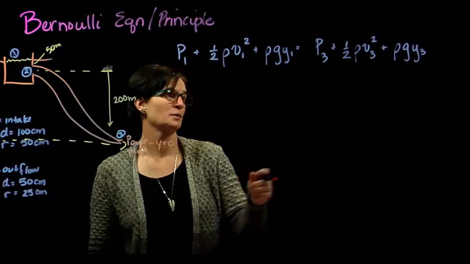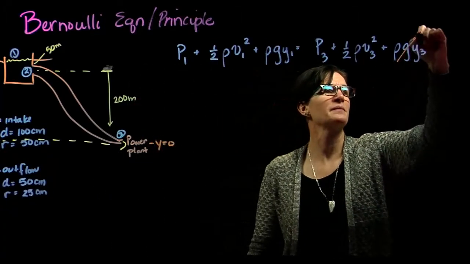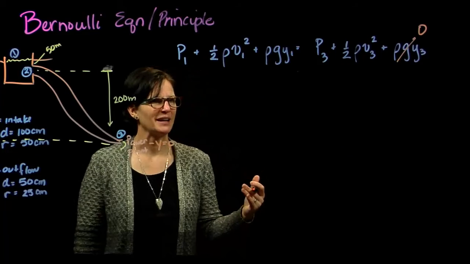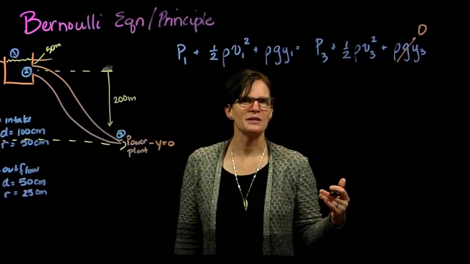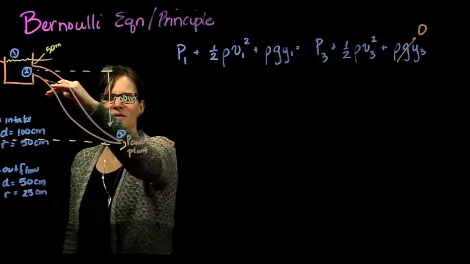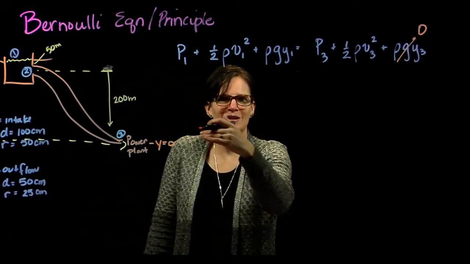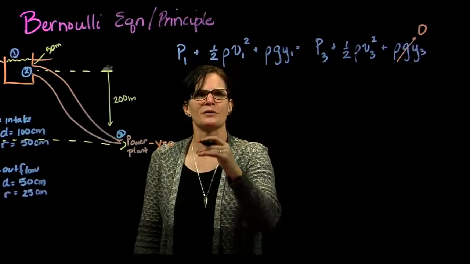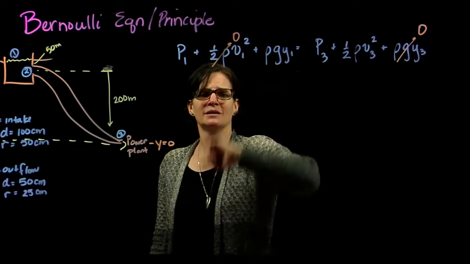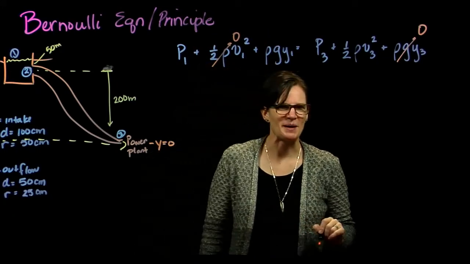What does that do for us? Well, it takes out this term, because that is at my reference point 0. What else can we say about this problem? Well, at the top of the reservoir, this is where the water is just starting to move. It's starting to flow down. And so the speed of the water at the very top is also 0. So that term goes away.